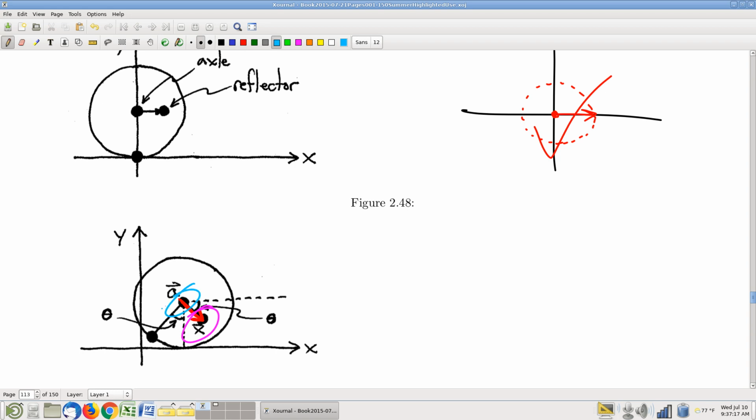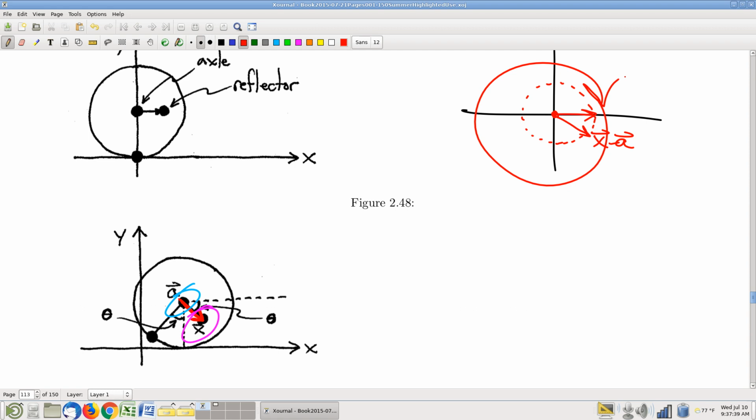And what's going to be easy to write down is not x, but x minus A. This red vector is x minus A. That vector, x minus A, is the thing that's going around in a circle due to the rotation of the wheel. Okay, is everybody on board?